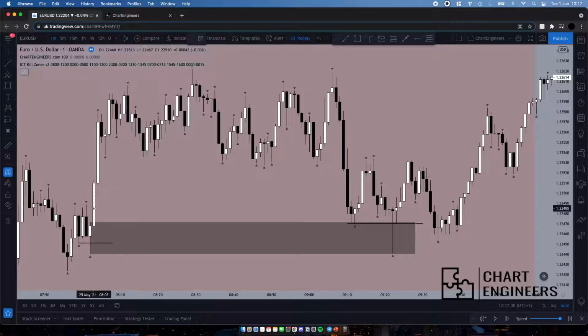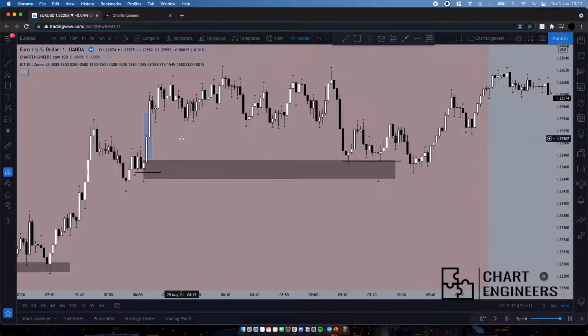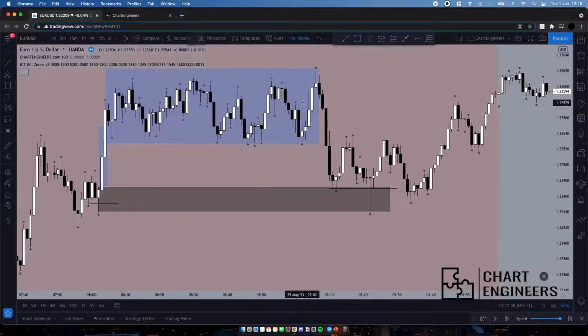And I also noticed we have this inefficiency over here. So what that is, just fair value gap, because price just flew away from it, so it's inefficient. And we also noticed that price was doing the AMD pattern, so this accumulation, manipulated downside to tag us in, manipulated all the way here.